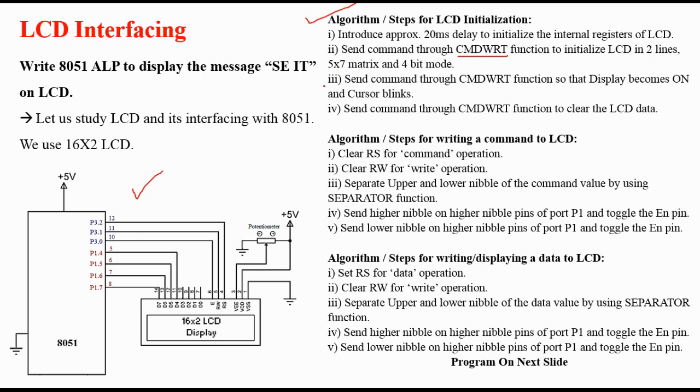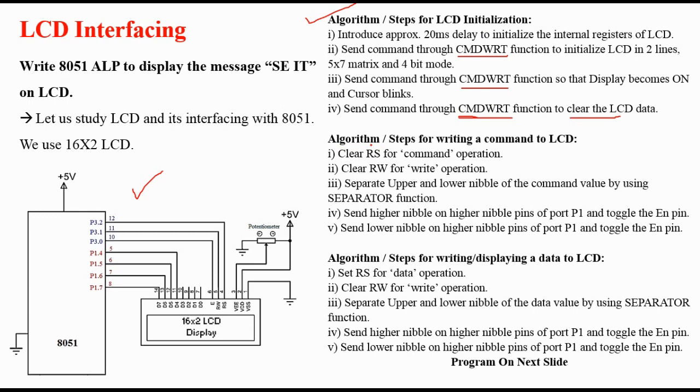Then we will send the next command to turn the display on, and the cursor will keep on blinking. After that, one more command we will send is clear the LCD. So in this way a total of 3 commands will be sent to the LCD by using the command write function.